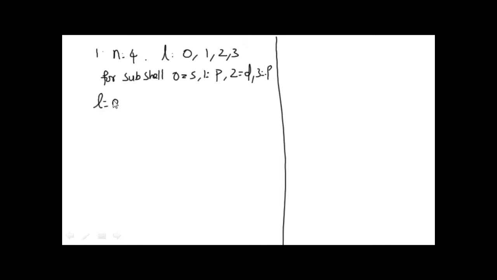So L equal to 0. Then what is the M value? M value is also 0. So only one is possible. The 4 from n equal to 4. L equal to 0 means S orbital. So only one 4s orbital.